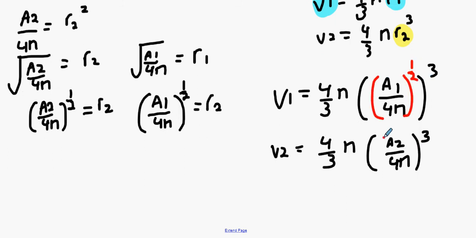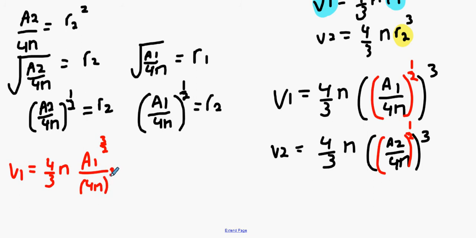Now, what's a half to the power of 3? What's a half to the power of 3, lads? Everybody happy with 3 over 2? So everybody happy that V1 is 4 over 3 pi, A1 to the power of 3 over 2, and 4 pi to the power of 3 over 2.